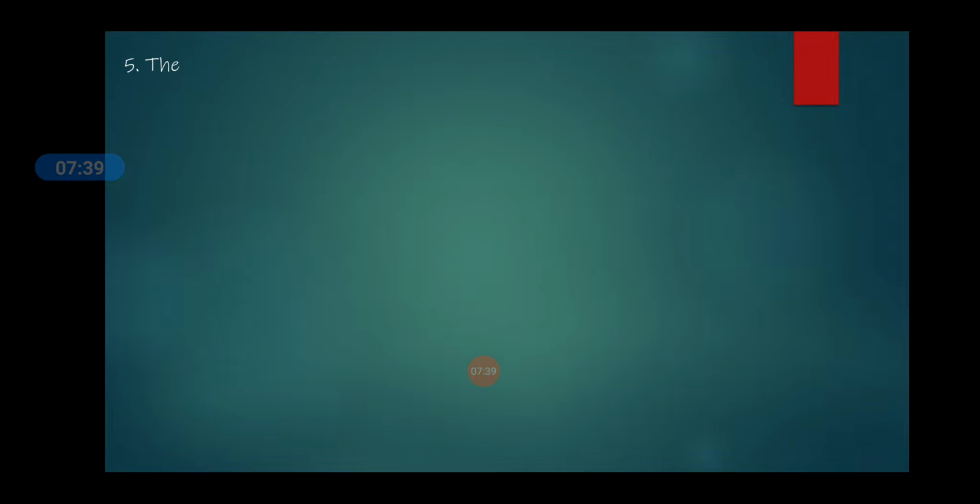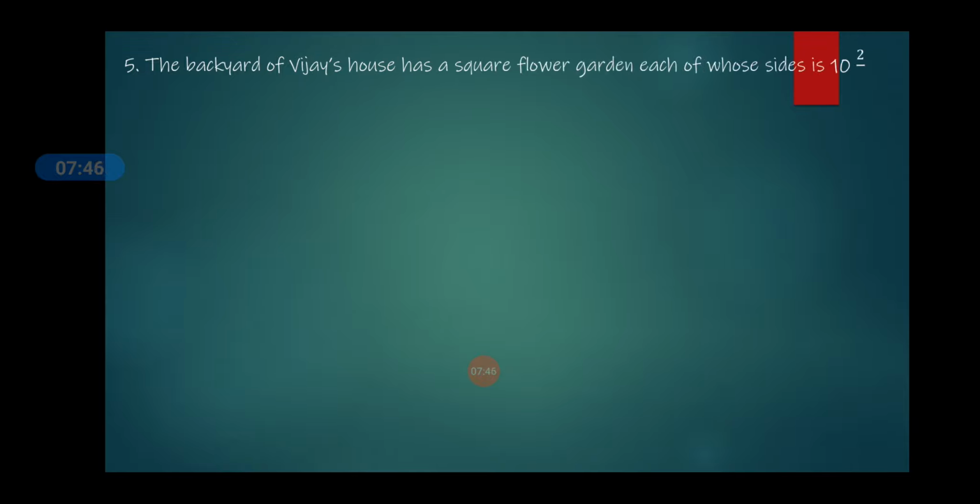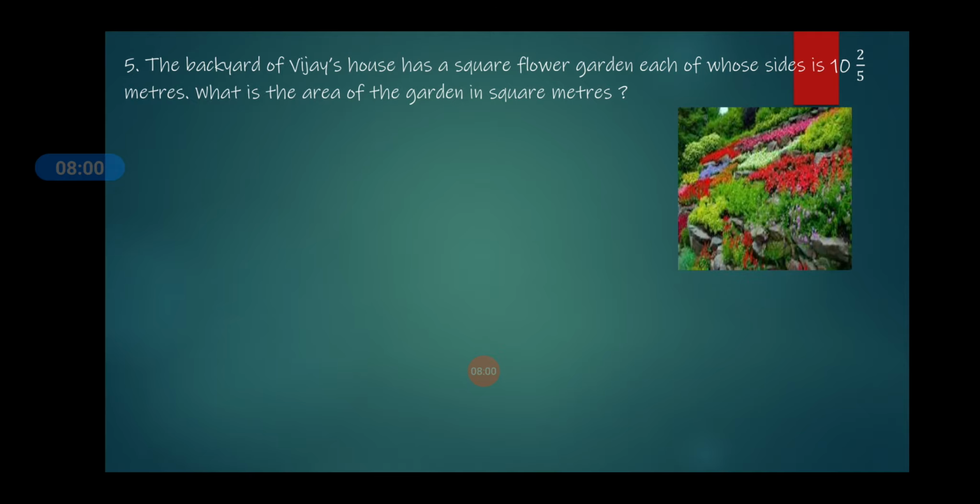In the next question, the backyard of Vijay's house has a square flower garden, each of whose sides is 10 2/5 meters. What is the area of the garden in square meters? So here is the garden, and length and breadth are the same.